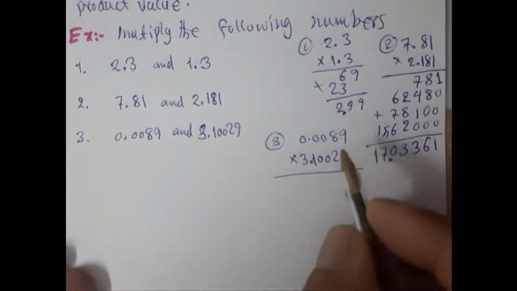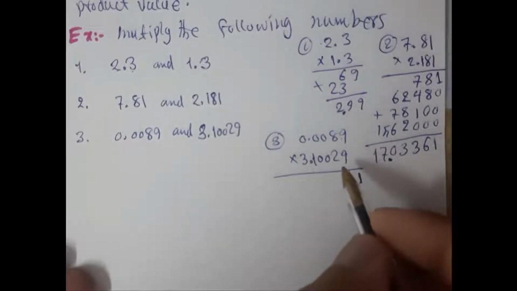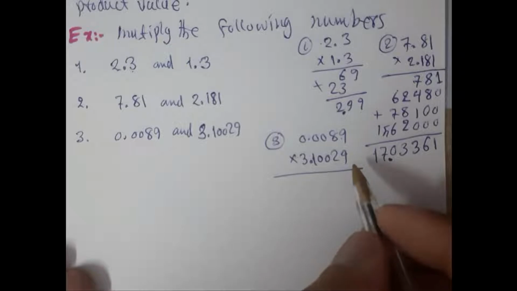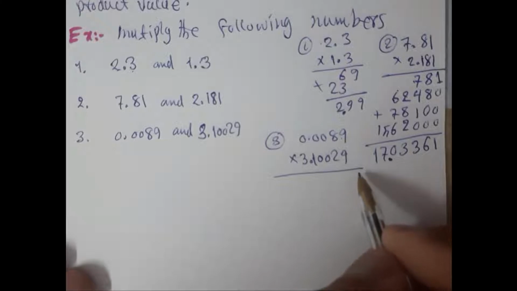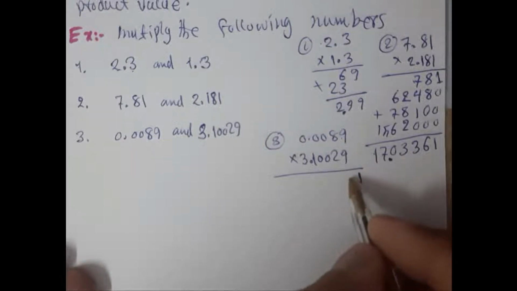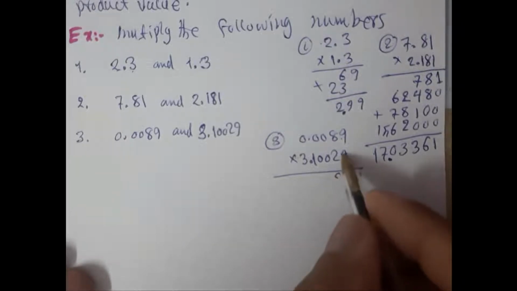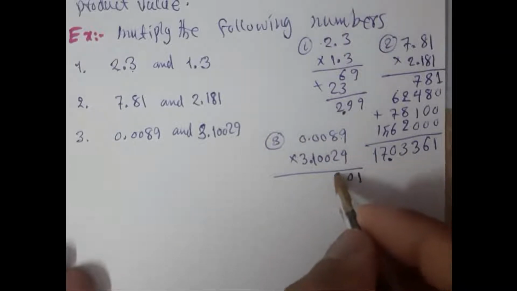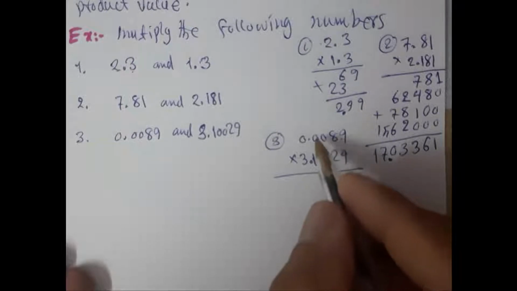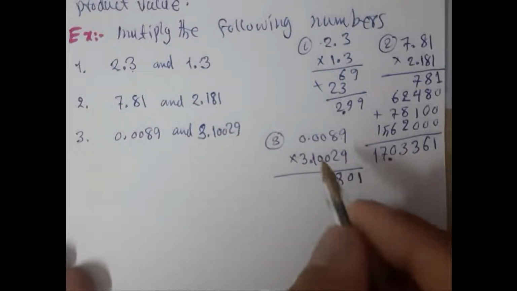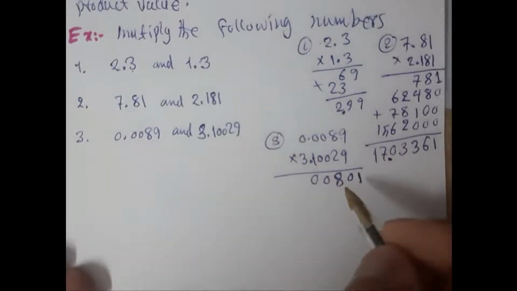We have 1, 8. 9 times 8 is 72. 72 plus 8 is 80. 9 times 0 is 0, plus 8, we can write 8. 9 times 0, 9 times 0, 0.